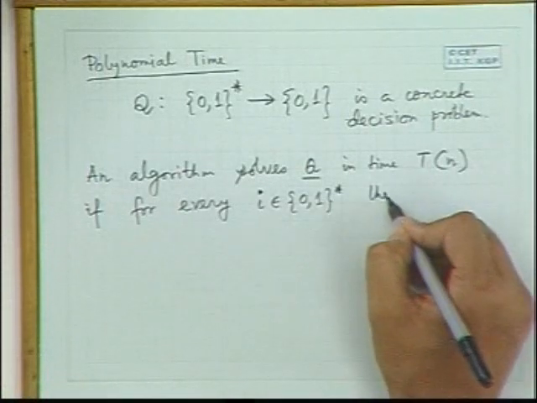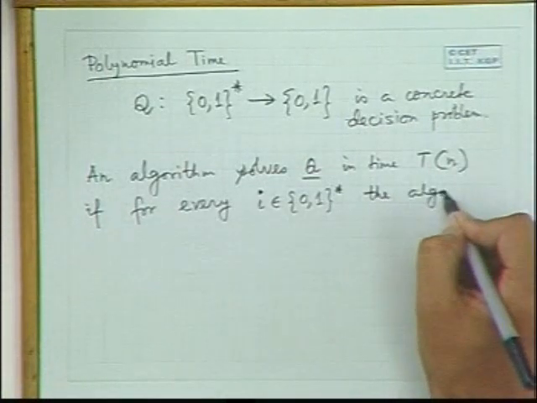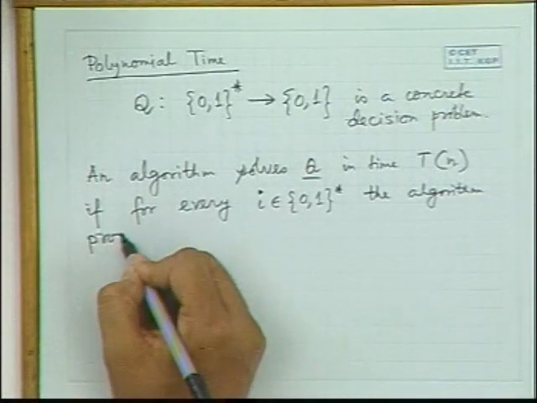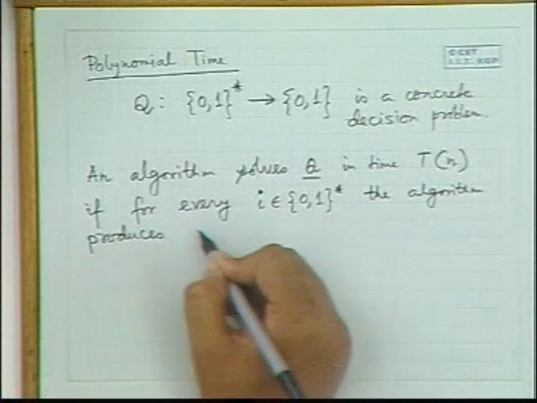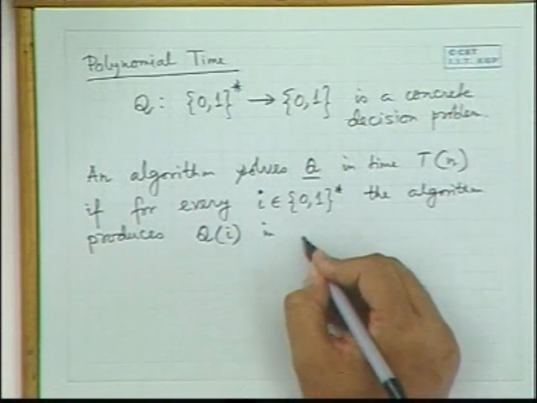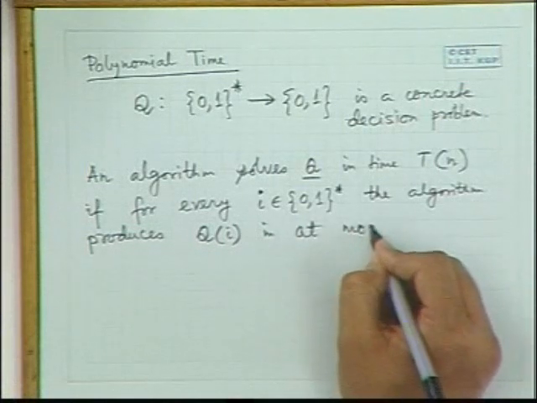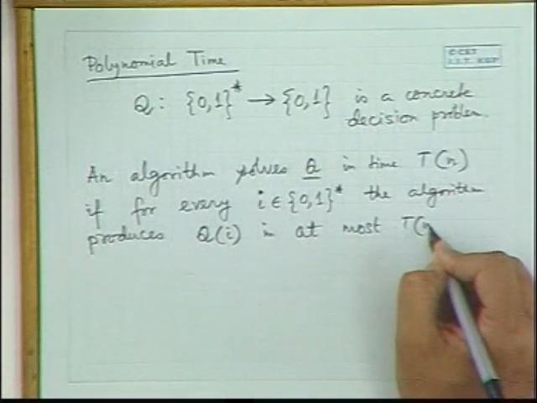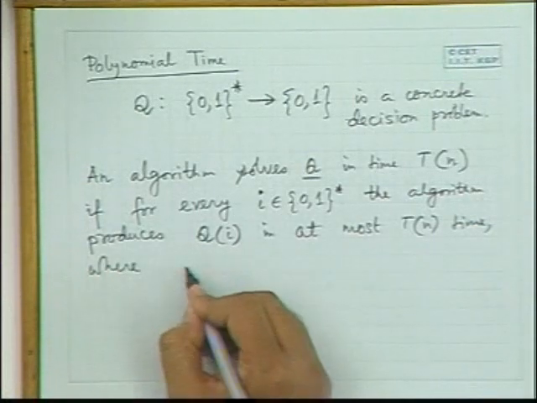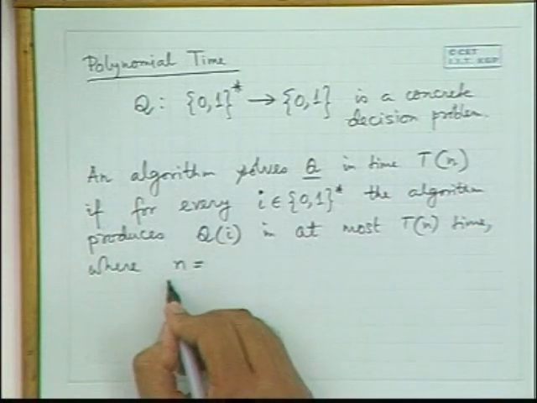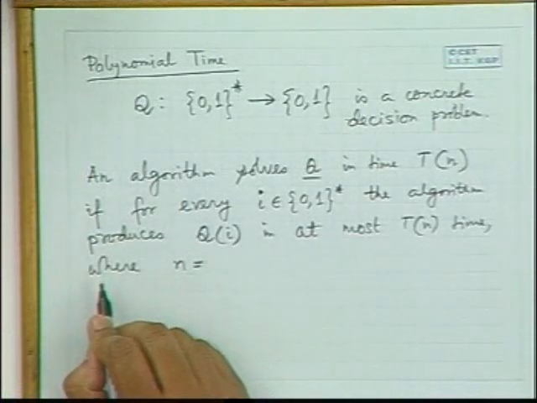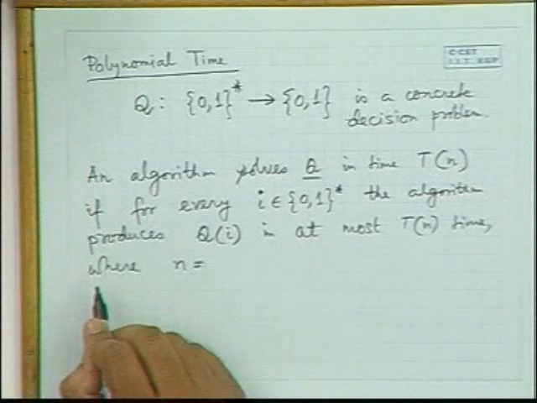the algorithm produces Q(I) in at most T(n) time, where n is the length of the instance. So far we have known n is the size of the input.